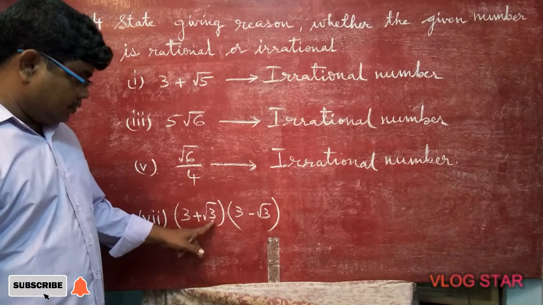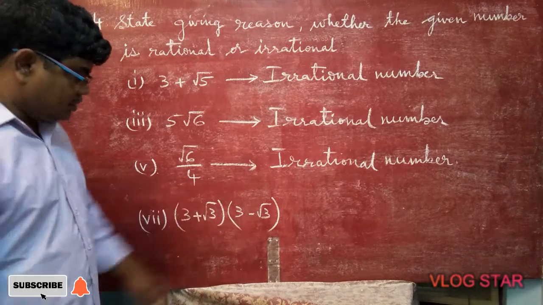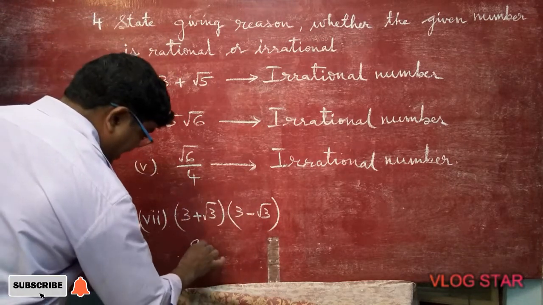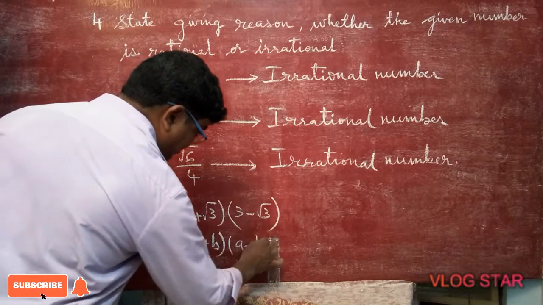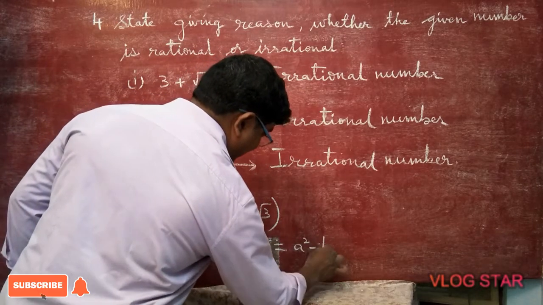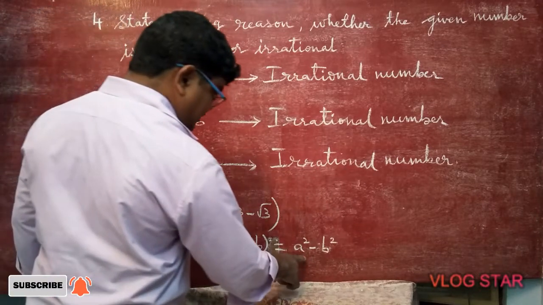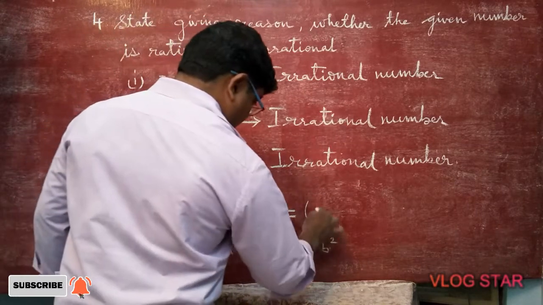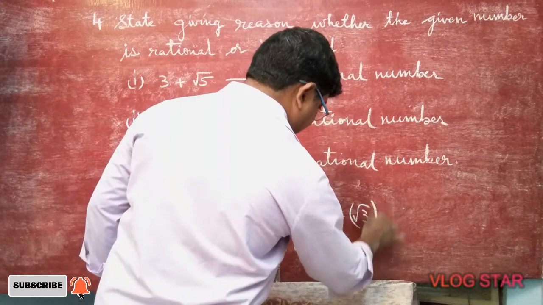3 plus root 3 into multiplication 3 minus root 3. It is in the form of a plus b into a minus b. Immediately you will get the formula as a square minus b square. So a plus b into a minus b as a square minus b square, that is equal to 3 whole square minus root 3 whole square.